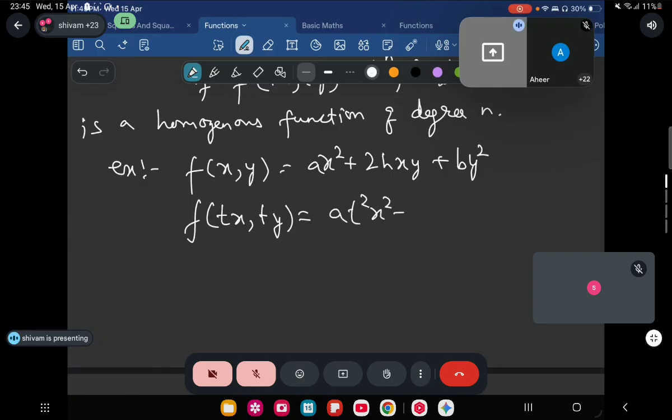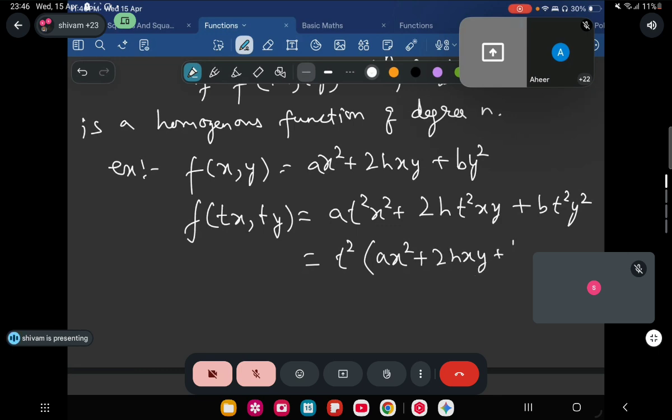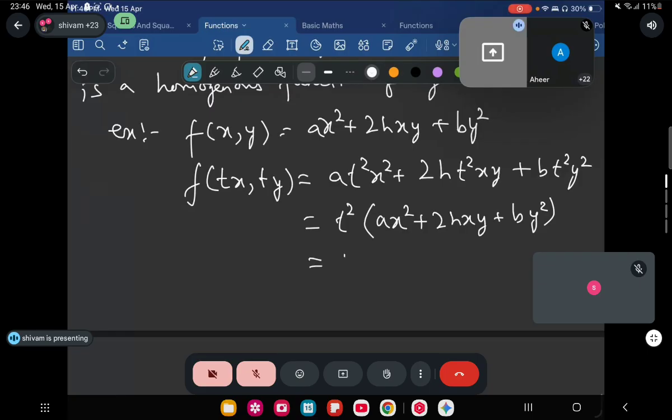a t square x square plus 2h into t square xy plus b into t square y square. Taking t square as common, we are going to get ax square plus 2hxy plus by square. That will give us t square into f of x comma y. Done.